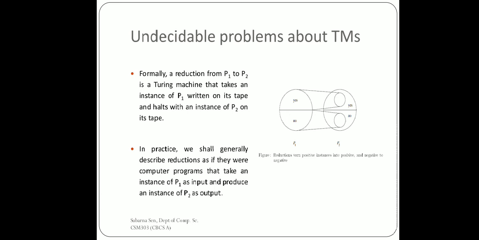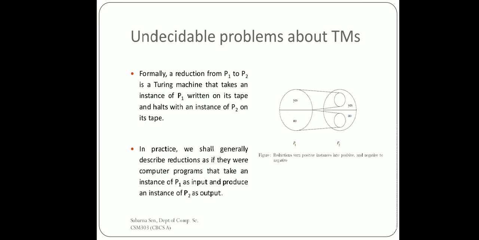If we have to define it formally, what does it mean? In the reduction process, if we take any instance of P1 written on my tape and feed this tape to my Turing machine, and it halts with an instance from P2, that means it is acting similarly to P1, right?